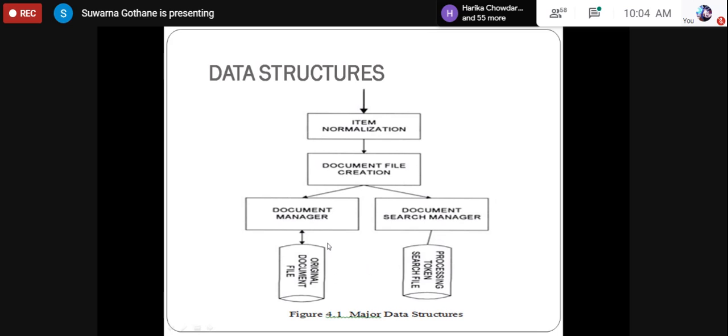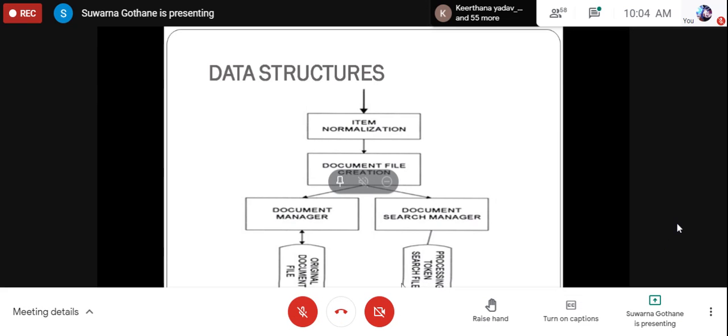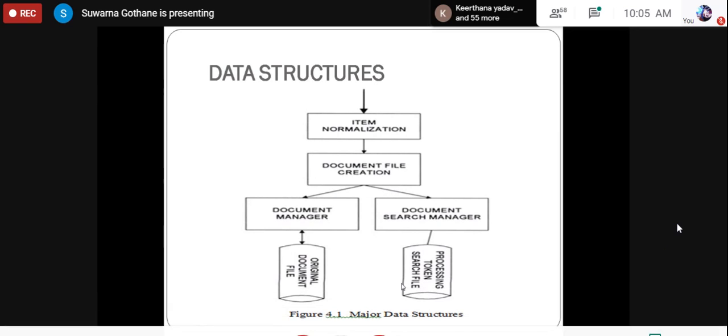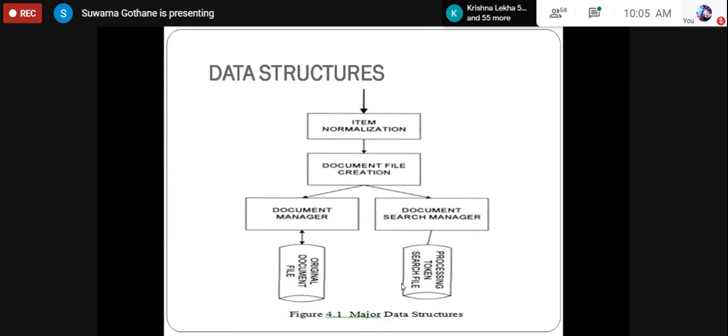Your queries, your terms, your concepts, whatever you throw from the system end, are also maintained. At that time the document search manager plays a key role, and the tokens will be available in the processing token searchable file. These are the data stores or databases.